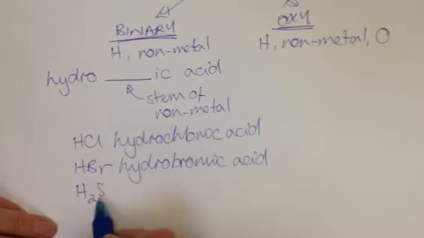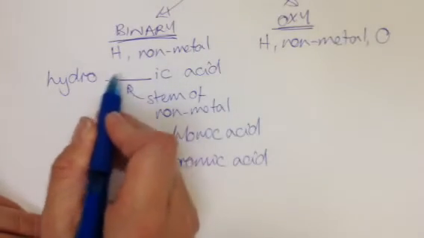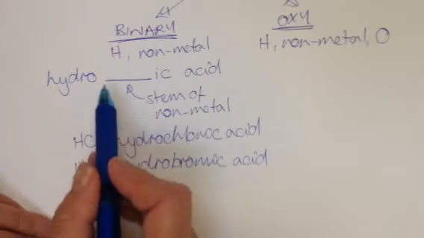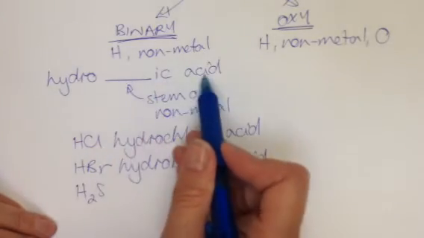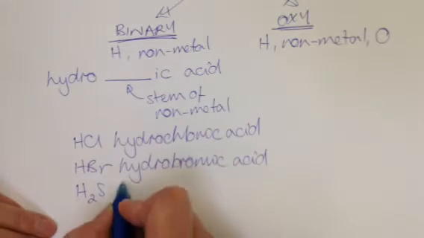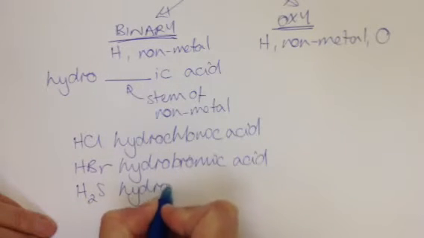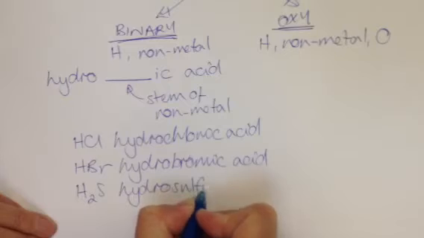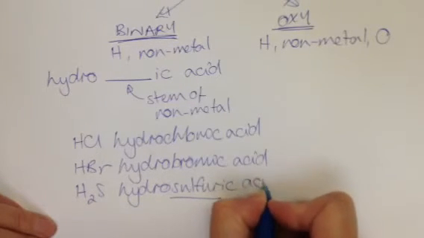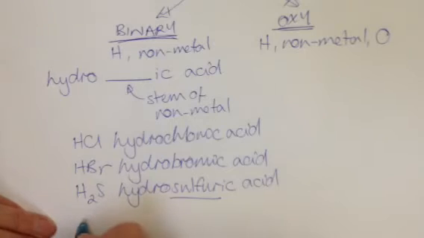And sulfur is a little bit different in that it uses two syllables in its stem. It actually uses the whole word. So even though you want to call it hydrosulfic acid, it's not. It's hydrosulfuric acid. It uses the whole word sulfur. See, there's the word sulfur. Hydrosulfuric acid.